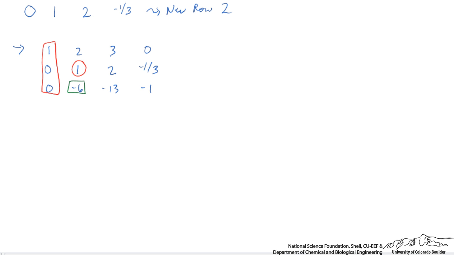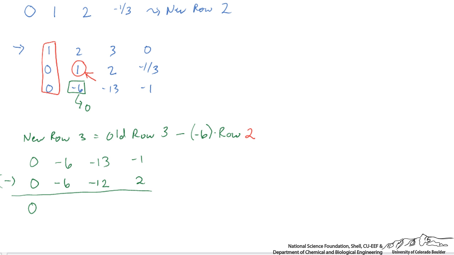The next step is getting this minus 6 that's below our 1 to a 0. Similar to what we did above, the new row 3 is equal to the old row 3 minus negative 6 times row, and we're not doing row 1 this time, we're doing row 2, because row 2 has that 1 in the 2, 2 position.